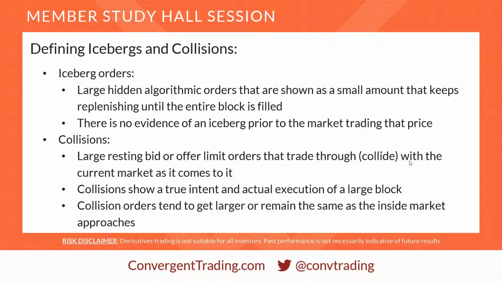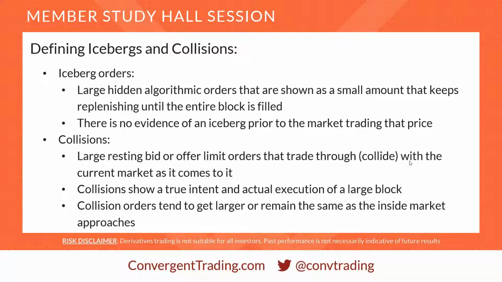We can execute an entire 1500 lot block at one price. If the market demand is there, it has to keep trading, it has to keep filling, and every time you add, the next block goes to the back of the line.